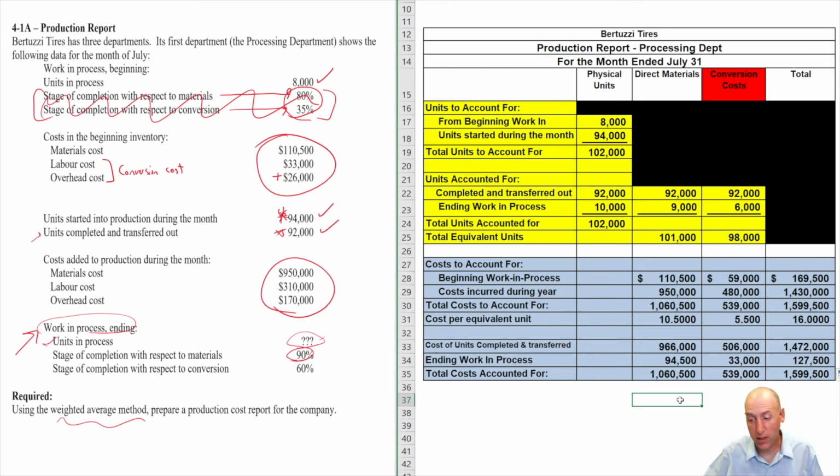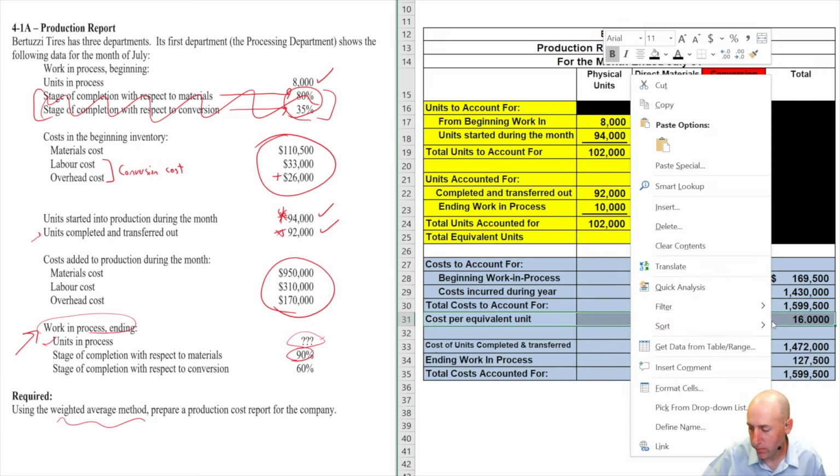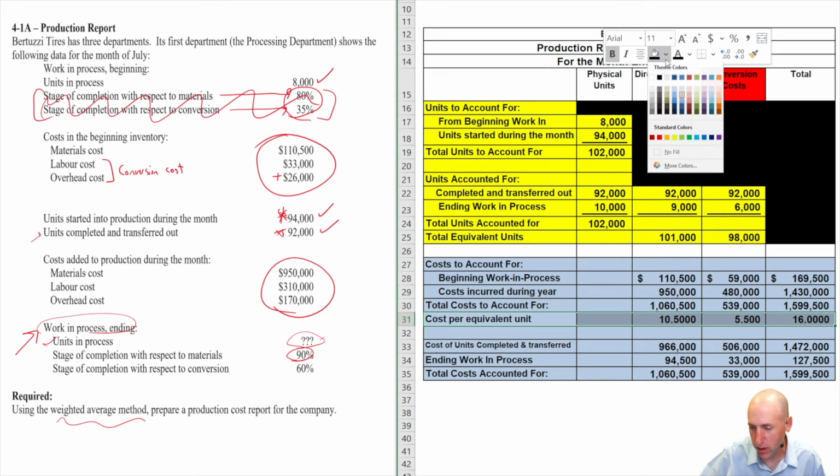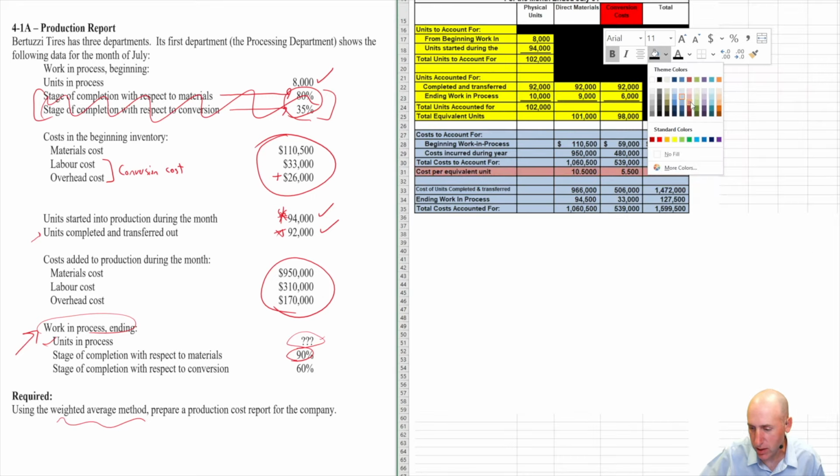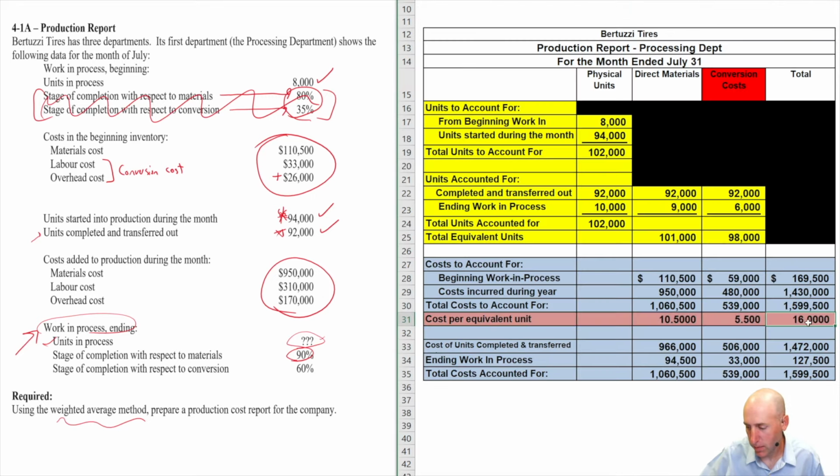Okay, so we've answered the question, but I do want to explain what's going on here. A really key number is all the numbers in this row, but particularly the number on the right there, $16. It tells me this Bertuzzi tires, whatever they do, I guess they make tires. This processing department is adding $16 per unit, probably per tire, to the costs.